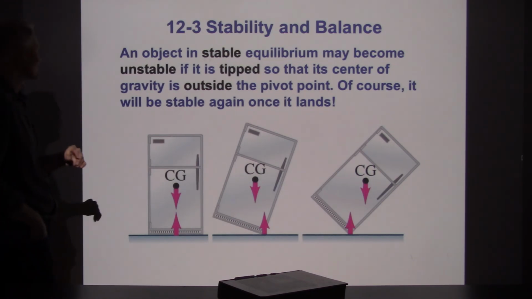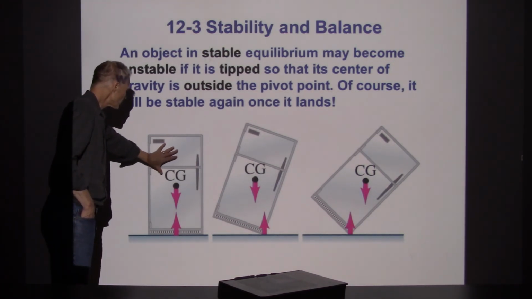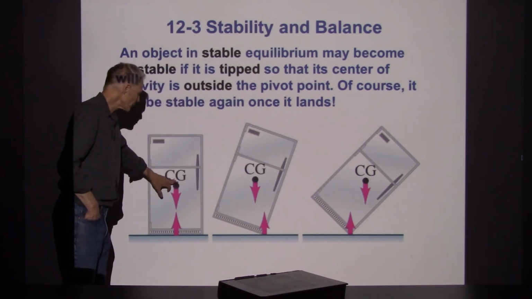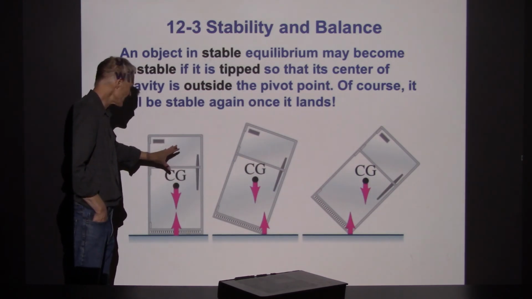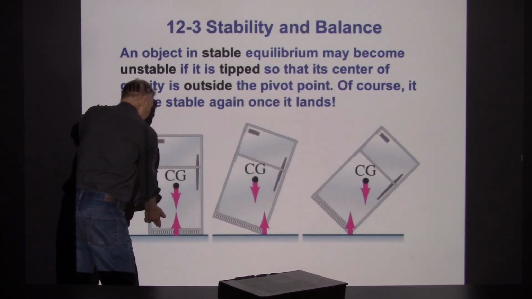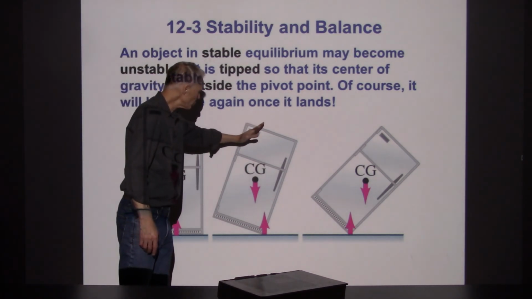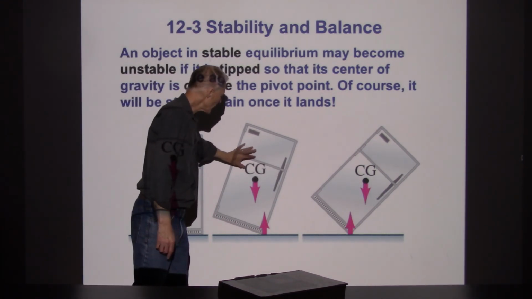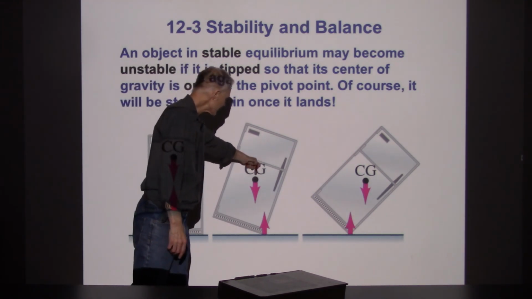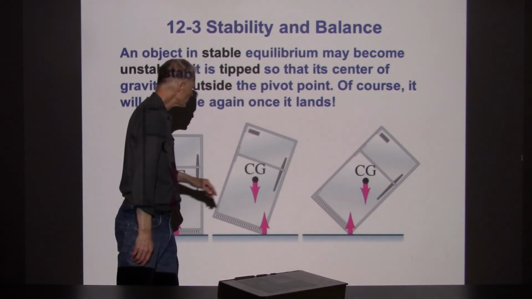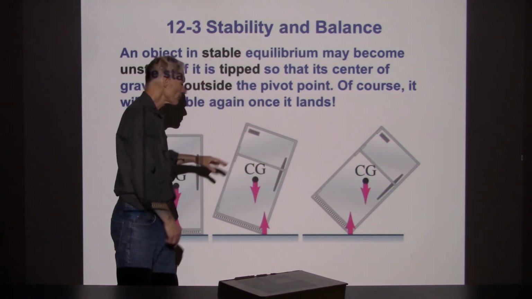Now let's think about this in terms of a refrigerator. Here's a refrigerator, with normal forces all along the bottom, and the center of mass or center of gravity somewhere in the center. The normal forces could be anywhere along the bottom, so if I begin pushing the refrigerator to one side, as long as the center of mass location is within the bottom of the refrigerator, it can restore itself.